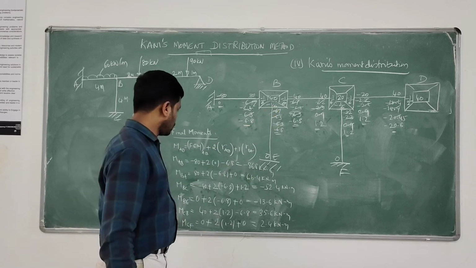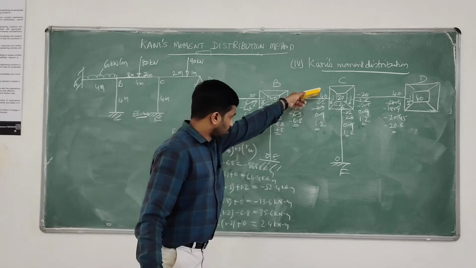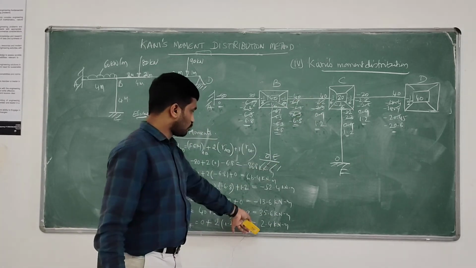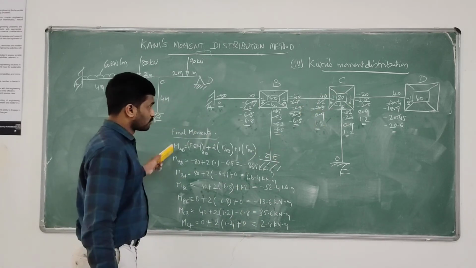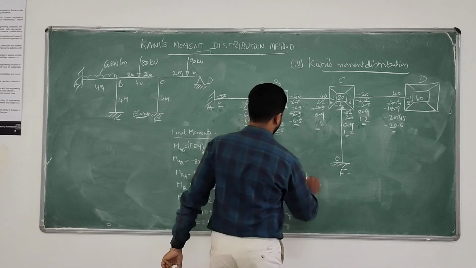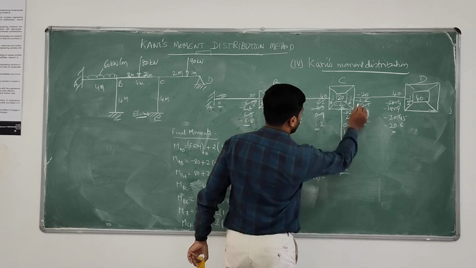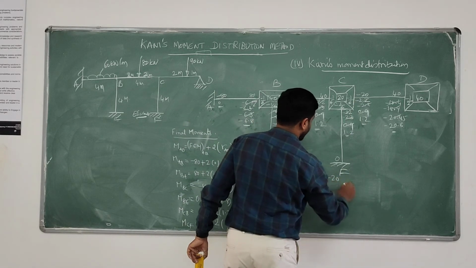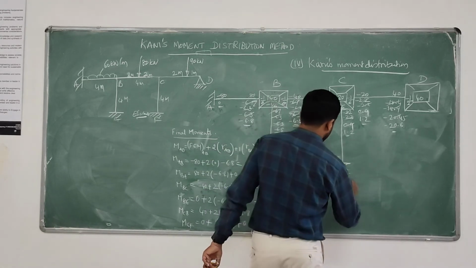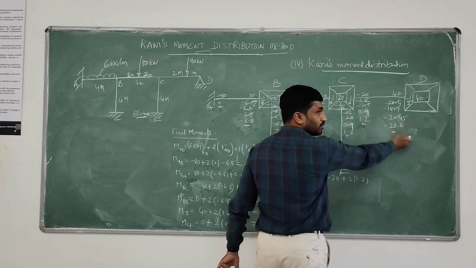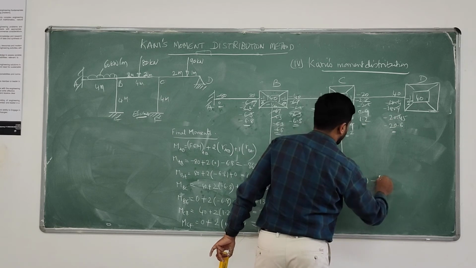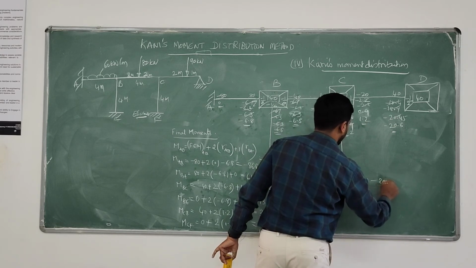MCB, what is the value of MCB? 35.6. MCF is 2.4 and MCD we have to compute now. What is the value of MCD? MCD equals minus 20 plus 2 times of 1.2, further 1 time of 20.6.